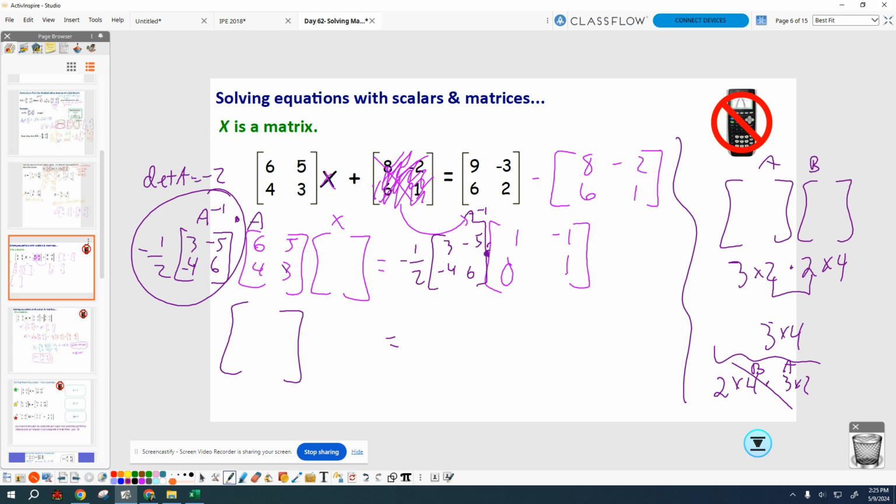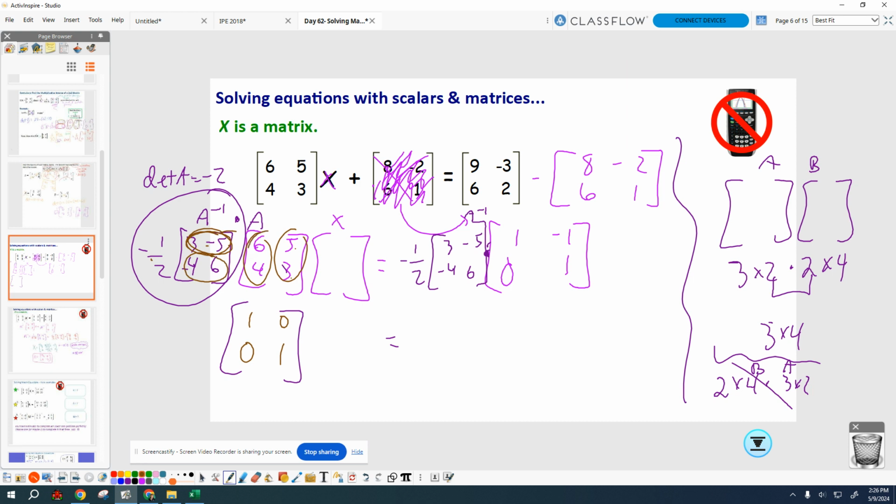Which thing should we do first? Do the A and the inverse of A cancel out? It should become this, and I was gonna just prove that to you. 18 minus 20 is -2. -1/2 times -2 is +1. 3 times 5 is +15, -5 times 3 is -15, adds to be 0.